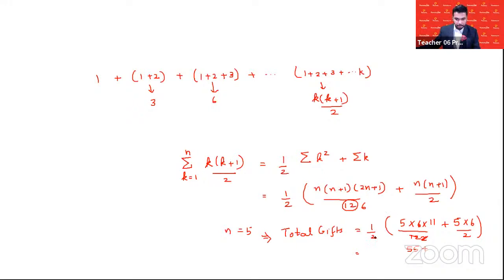So this should be 1 by 2 times, in fact, 55 plus 30 by 2. So this should have been 55 plus 15 and 1 by 2.